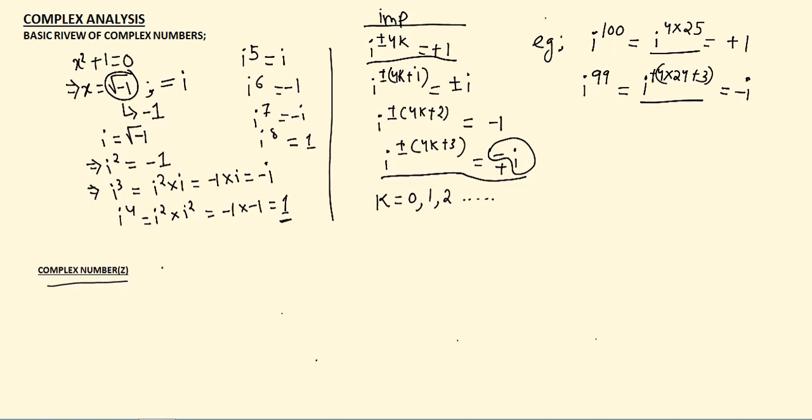We can write mathematically a complex number as z equal to x plus iy, where x is the real part of z and iy is the imaginary part of z, and both x and y are real numbers.